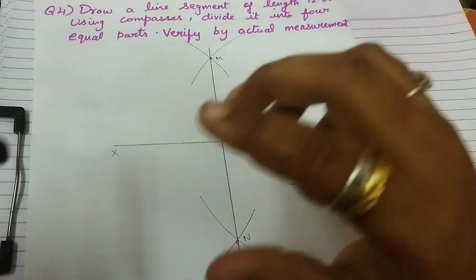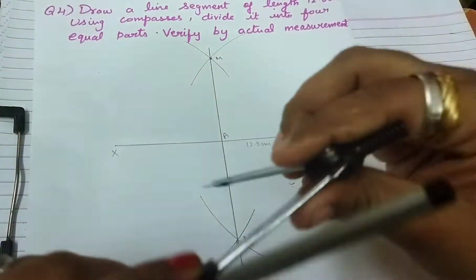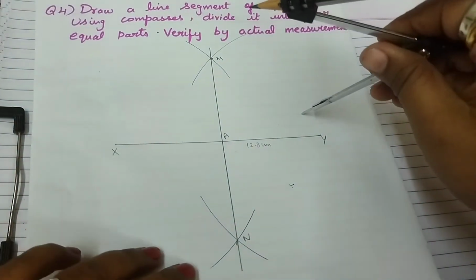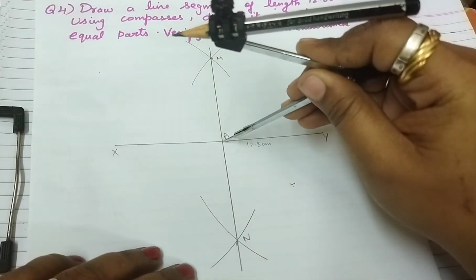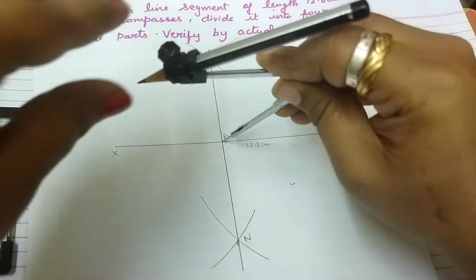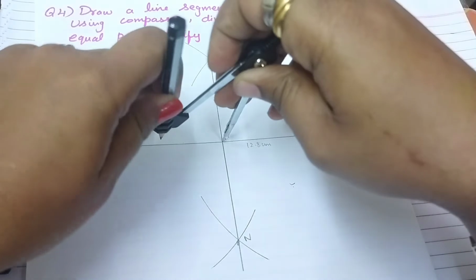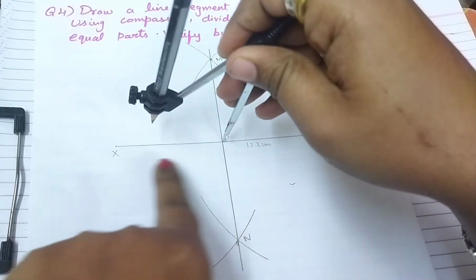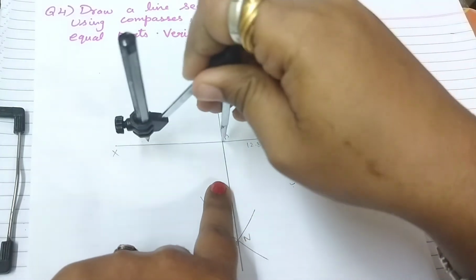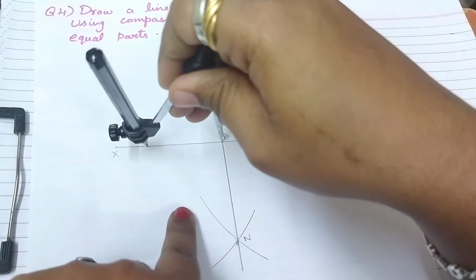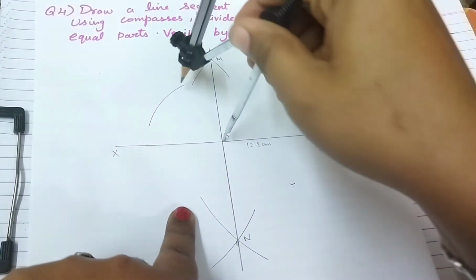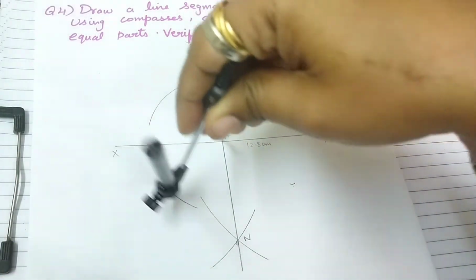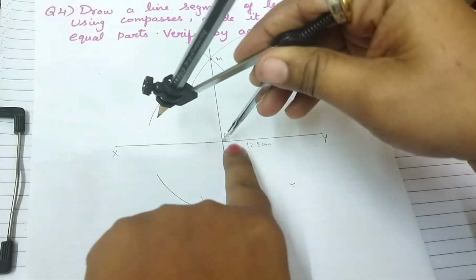Now they asked us to make 4 equal parts. Here I now have 2 equal parts. Now I'll keep A as the center. Now measure it, more than half of XA. I will take XA as a line segment now. The radius should be more than half of it. Now I will draw the arc at the top and bottom, on either side of the line segment XA.